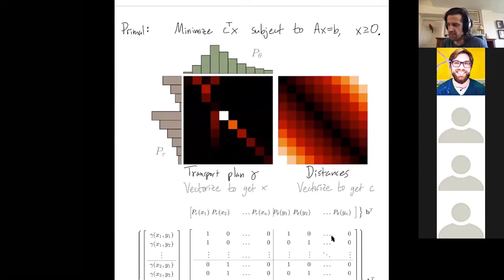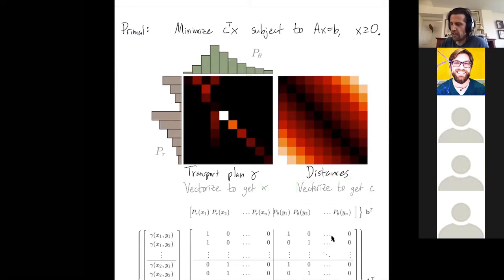Vectorize this matrix to get a vector X. That's our variable encoding the transport plan. We also have all these distances where any entry here just encodes the distance from point I to point J. And the distance from I to I is 0, so that's why I have 0 along the diagonal. Vectorize this matrix to get a vector C of all of our distances.